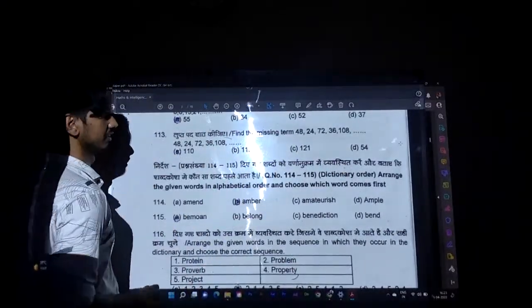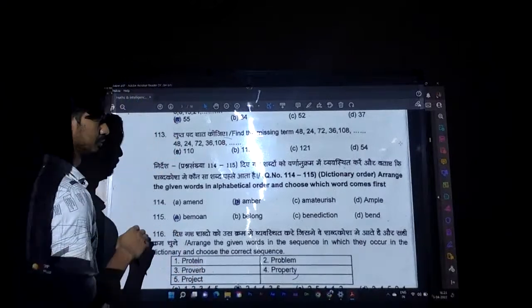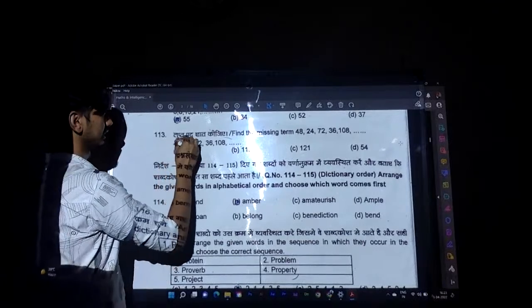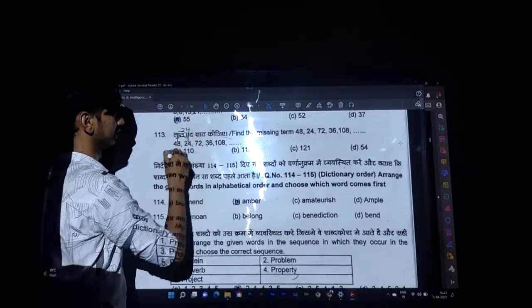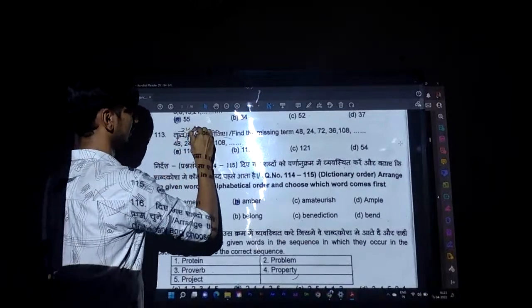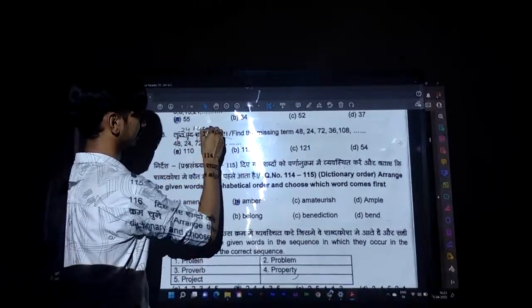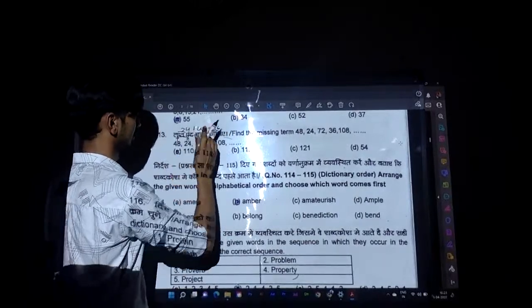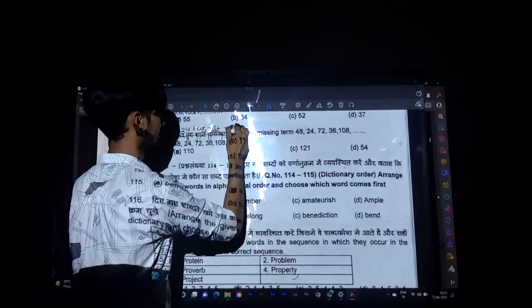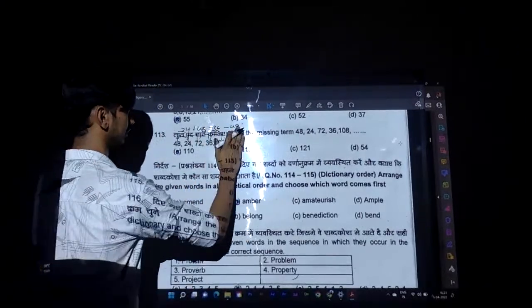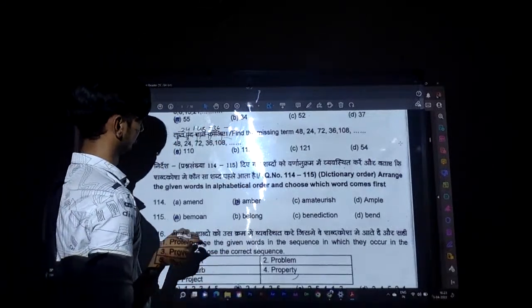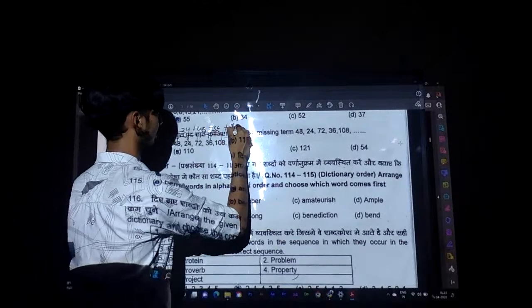Now question number 13 is also the same. We have to find the missing term only. So here what we have to do, this is minus 24, this is plus 48, this is plus 36, minus 36, and this is minus plus 72.